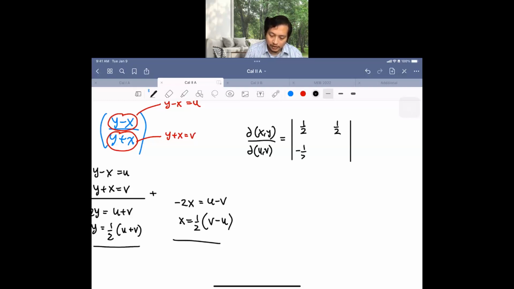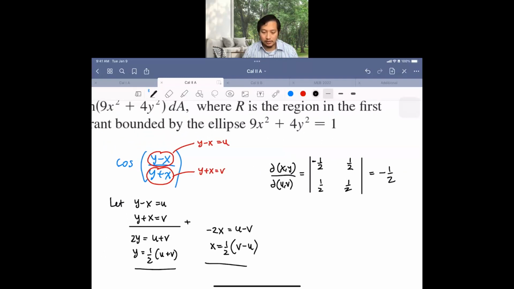This is negative half and half. Oh, I wrote this as x, I made a mistake, it should be minus here. So this is x, this is y. So we have negative 1 over 4 minus 1 over 4, which is negative 1 over 2.